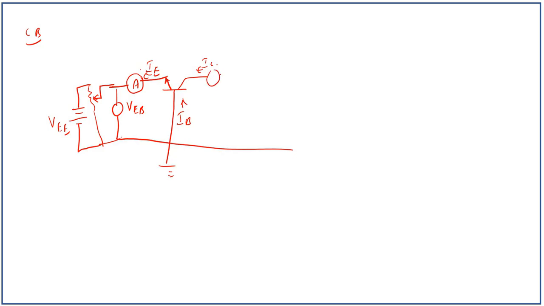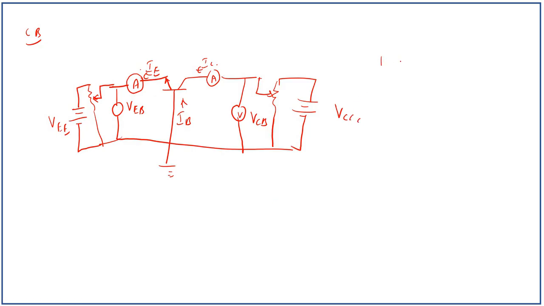Same way on the output side we have an ammeter to measure the collector current IC, a voltmeter to measure VCB, and VCC is the voltage supply given here.